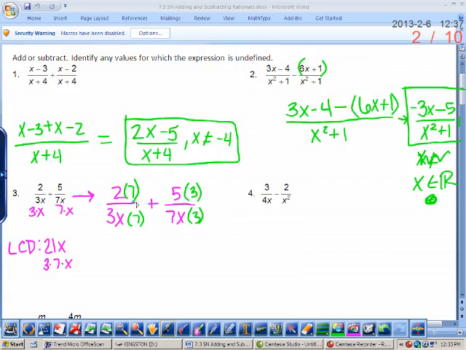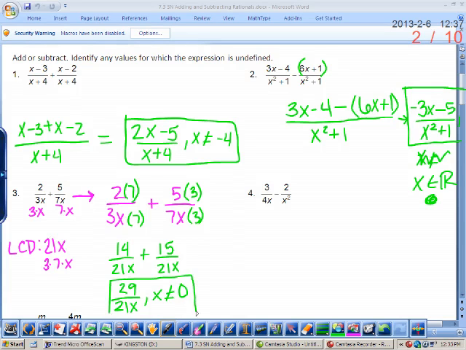Okay, so 2 times 7 is, good, so I have 14 over 21x plus 15 over 21x, which gives me 29 over 21x. X cannot equal 0. Questions on that? All right, cool. Look at 4.